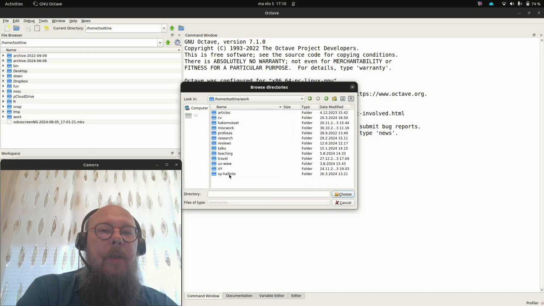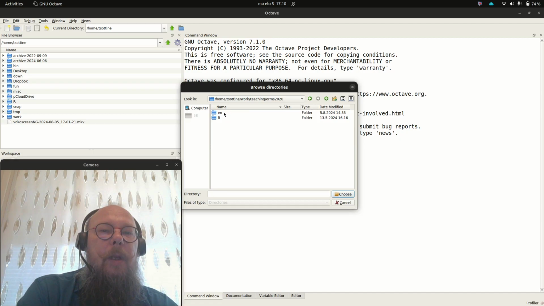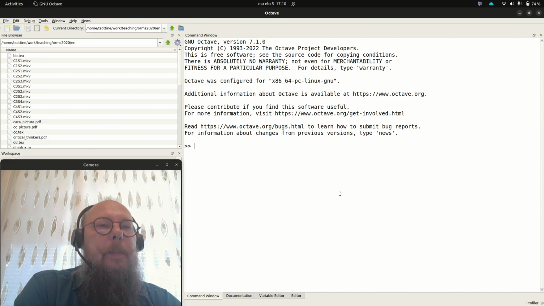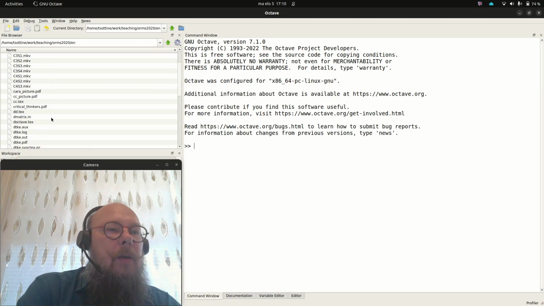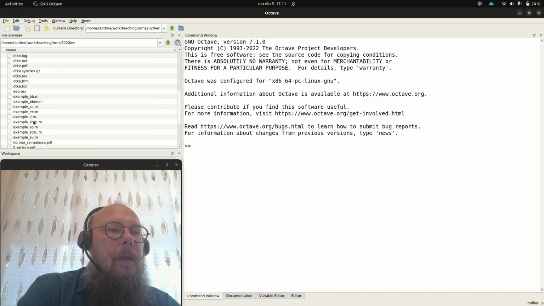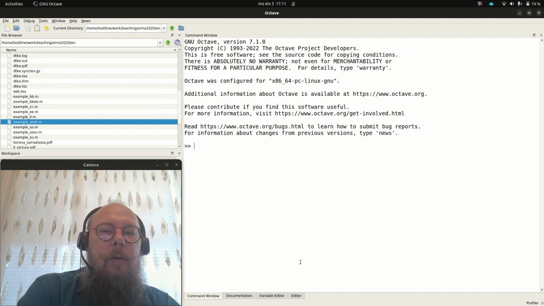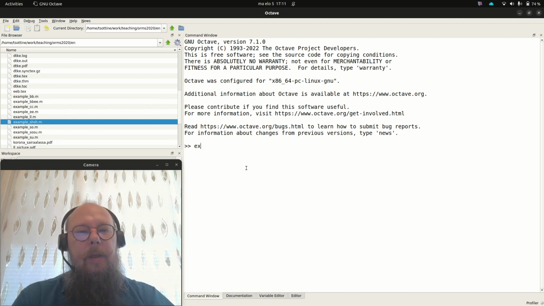For me it's work, teaching, ORMS 2020. Yours may be different. And I look at it, so example_shsh should be there. It is there, good. So let's first just run it to see if it works and what it does.